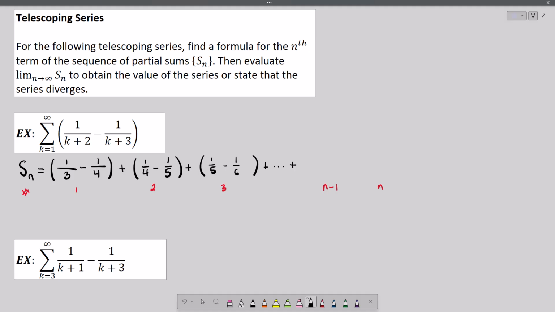So the nth term will be 1 over n plus 2 minus 1 over n plus 3. So that's going to be the nth term. And then the n minus first term, we're going to plug in n minus 1 for the k. So n minus 1 plus 2 is going to be n plus 1.